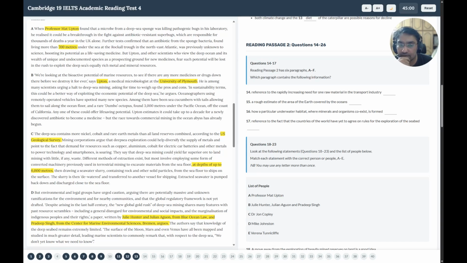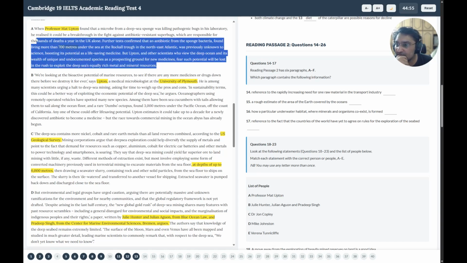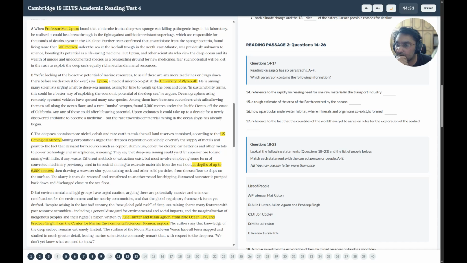A reference to the rapidly increasing need for one raw material. It doesn't say anything about one raw material.